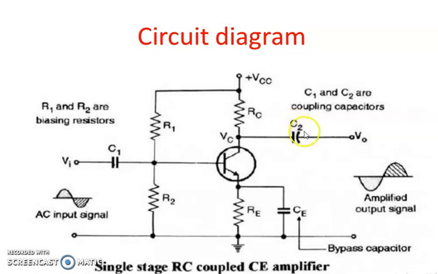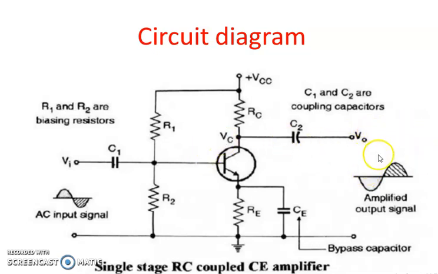Similarly, C2 will pass only the amplified AC components, and it blocks DC components. So from the input and output side, the DC component will be blocked by these capacitors, which are known as blocking capacitors. They are also known as coupling capacitors, because C2 can act as an input coupling capacitor to another CE amplifier.